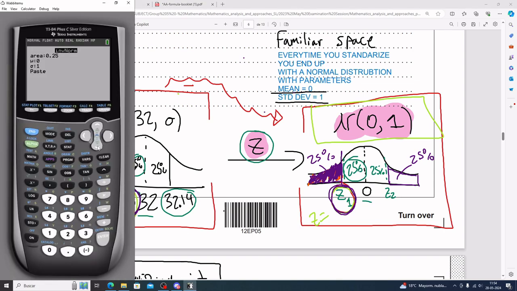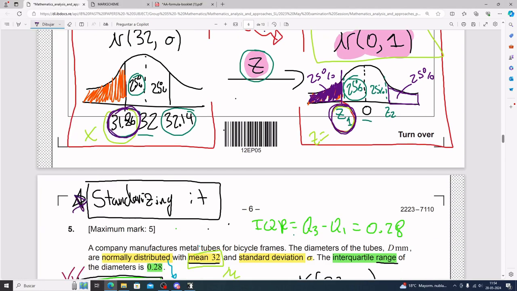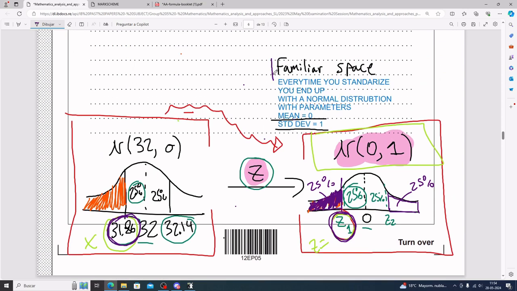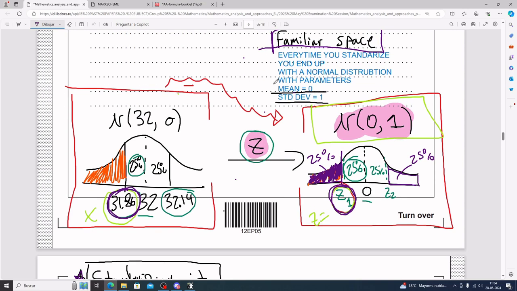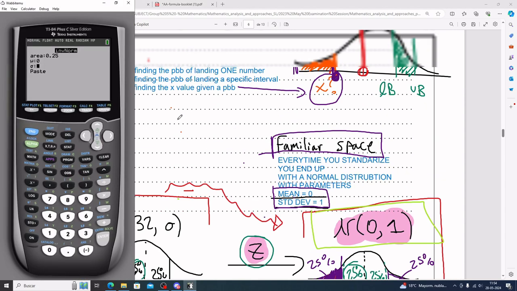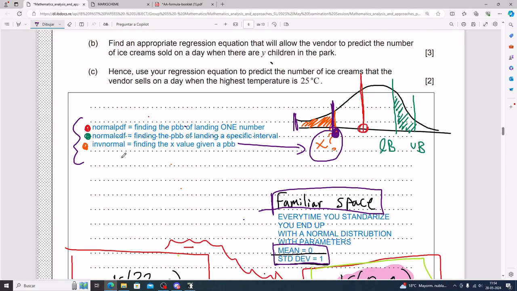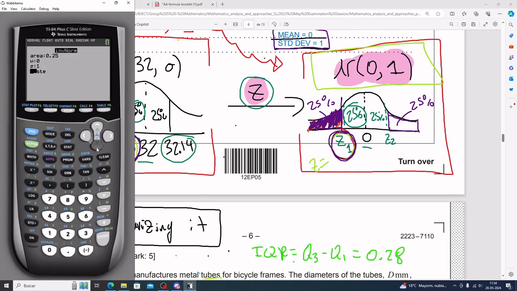And so here you put the mean of 0 and the standard deviation of 1 because, surprise, standardizing it is very useful because it's a familiar space and you can plug in a mean of 0 and standard deviation of 1, which allows you to use all these different tools without a problem, right? If you go ahead and paste, here it might make a little bit more sense, you end up with negative 0.674.